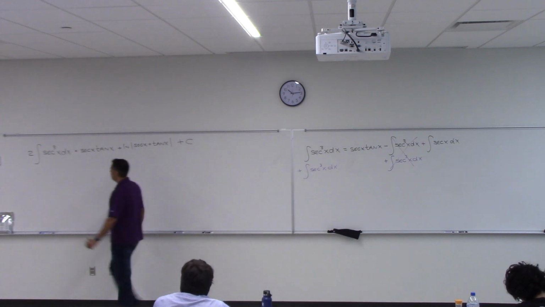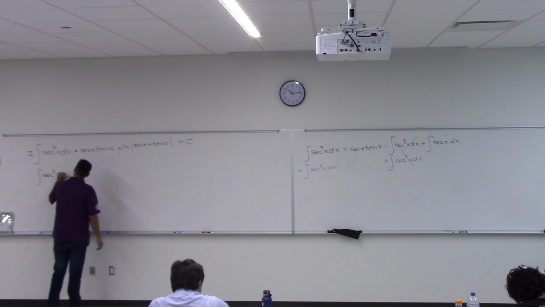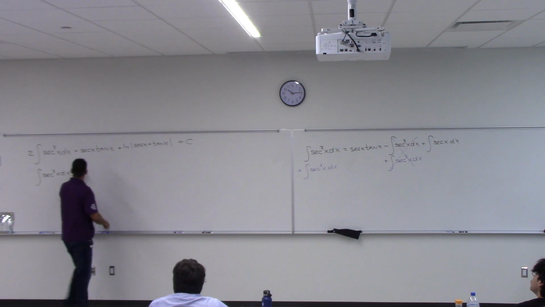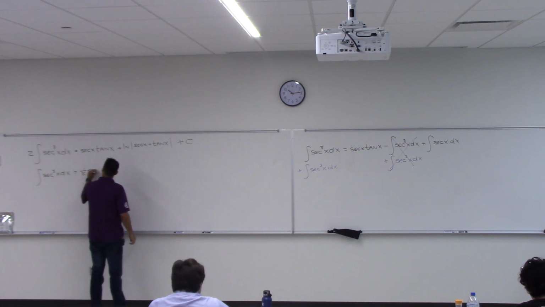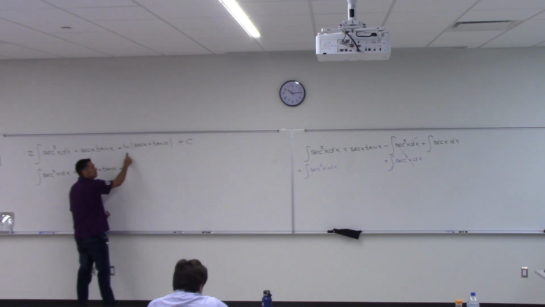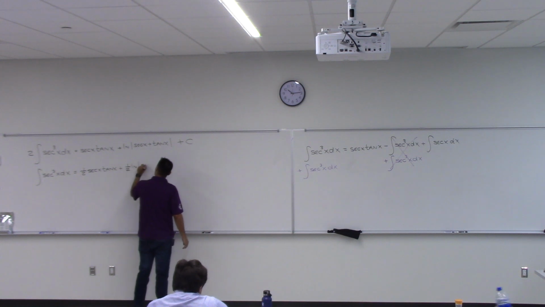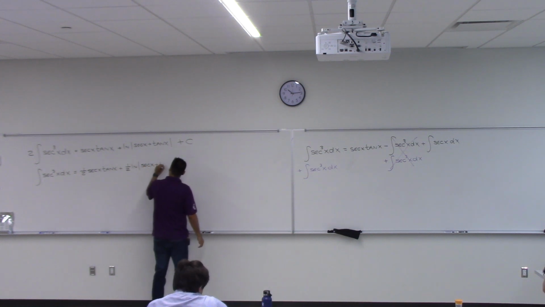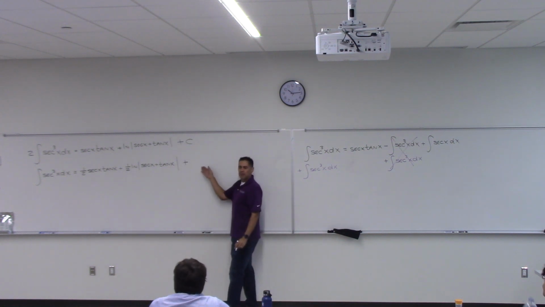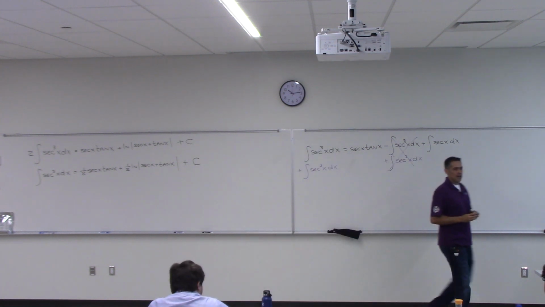So I'm going to have the integral of secant cubed x dx equals, when I divide this by 2, same as multiplying it by a half, 1/2 secant x tangent x plus, same thing with this. Dividing this by 2 is the same as multiplying by a half. Natural log absolute value of secant x plus tangent x plus c. Divided by 2 is still c. It's just a constant. It doesn't matter if you divide a constant by 2, it's still a constant.